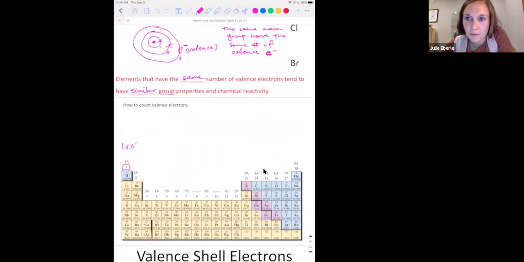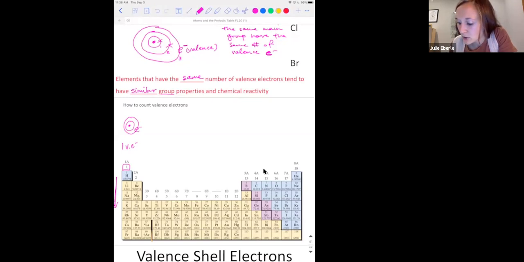So hydrogen, lithium, sodium, potassium, and down, 1 valence electron. What does that mean? In their outermost shell, however many they have, remember the number of circles around the nucleus, the number of layers of the onion, it increases as you go down. But wherever their outermost layer is, they just have 1 electron on that outermost layer.